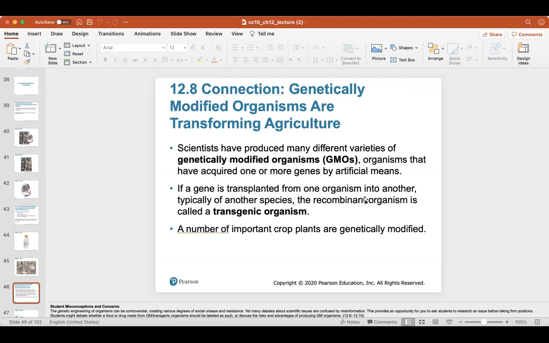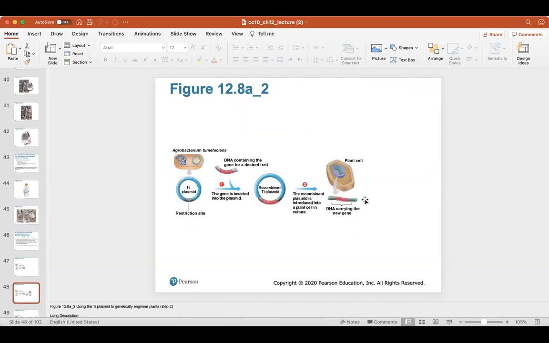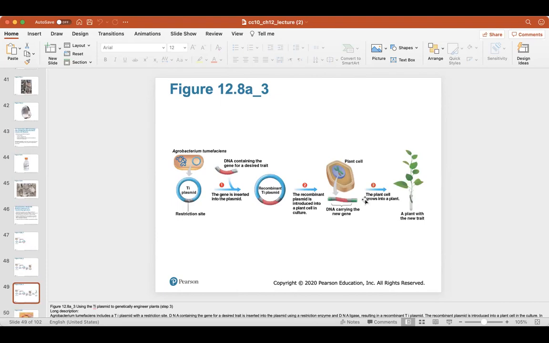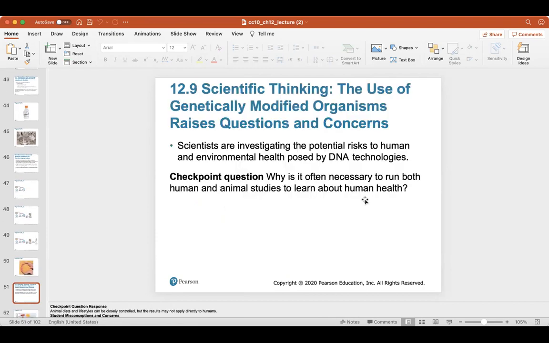And a number of important crop plants are genetically modified, as shown here. This shows how the Ti plasmid is used in genetically engineering plants. And genetically modified plants are important for creating a crop yield that is resistant to insects or other pathogens. So this is golden rice, which gives it the yellow color.